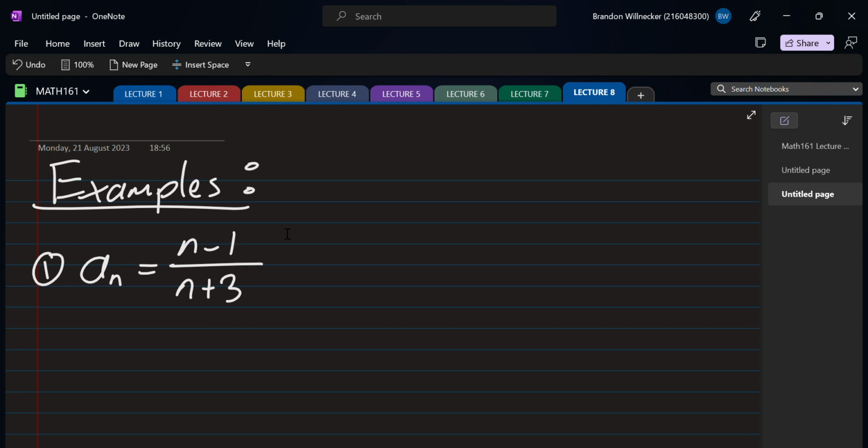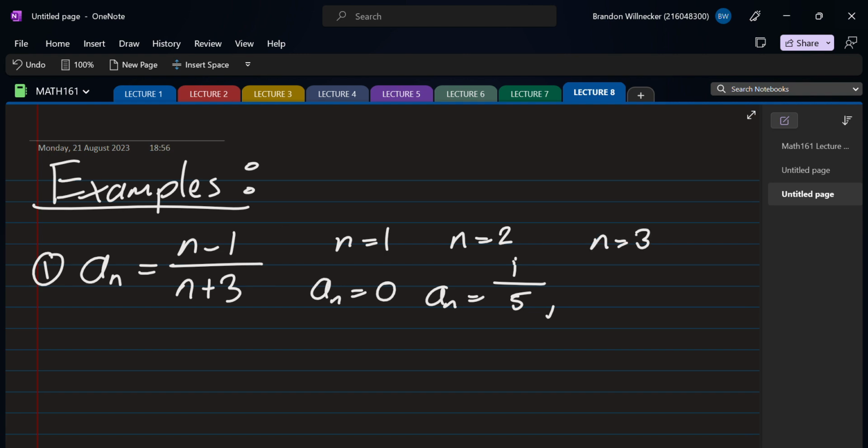So we can substitute different values of n, and we will get different values of an. So just as a little example, if n equals 1, we're going to get 1 minus 1 over 4, so that will be 0. If n is equal to 2, we're going to get 2 minus 1, which is 1. So we can write that as 1 over 3 plus 2, that's going to be 5.